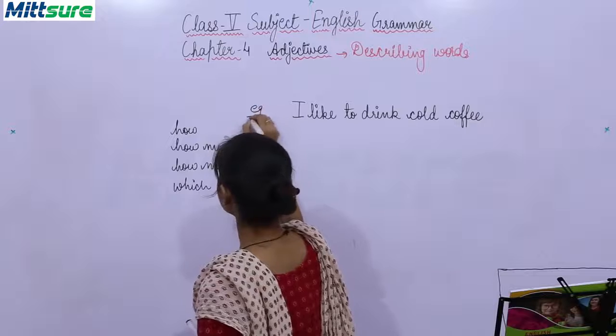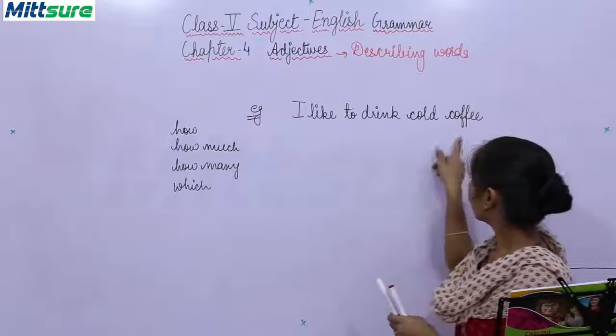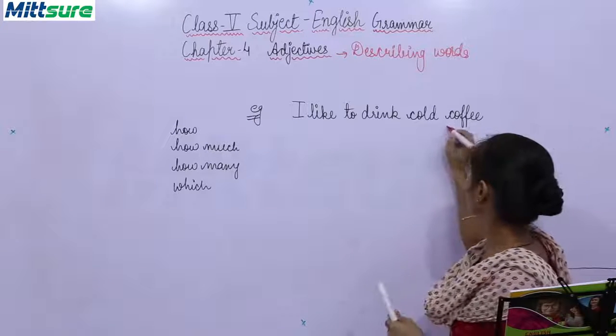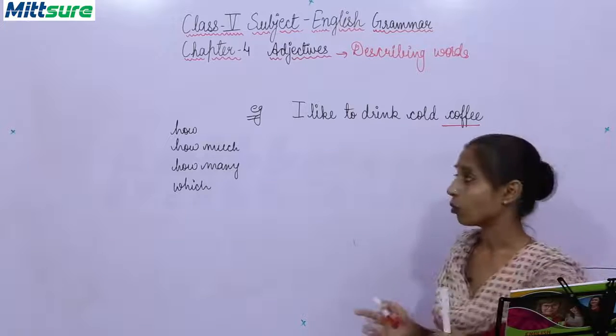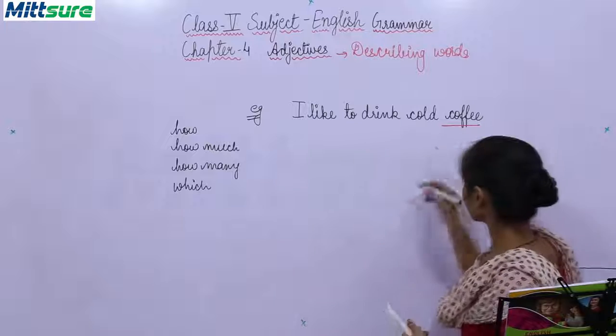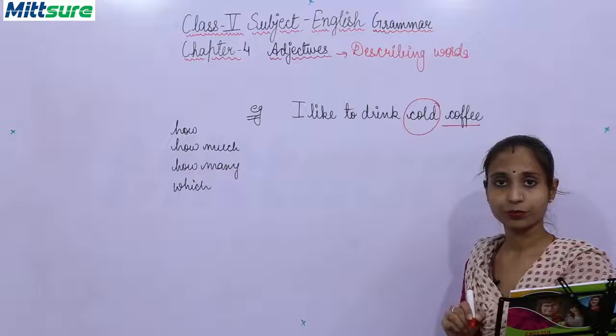This is just an example. Now here, what is the noun over here? Coffee. Right? How is the coffee? Hot. What kind of coffee? Cold.